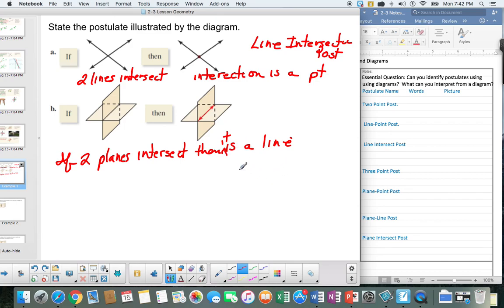That one is called the plane line postulate. So you start off with some planes, and you know that the intersection is going to be a line. It's a postulate. So if you memorize the title, or if you give me the words, I'll be okay.